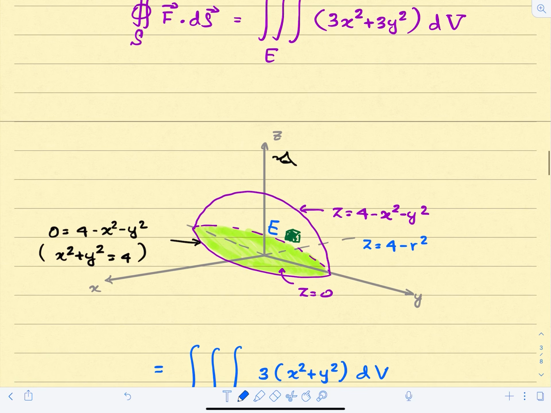Now if you directly calculate the flux integral using these two surfaces, it will be a mess because, first of all, you have to use two different integrals, one for the surface of the paraboloid and the other one for the surface of the bottom part of this solid E, and then you need to find the corresponding normal vector fields, and you even want to evaluate your vector field on these two surfaces, which will be a very complicated integral.